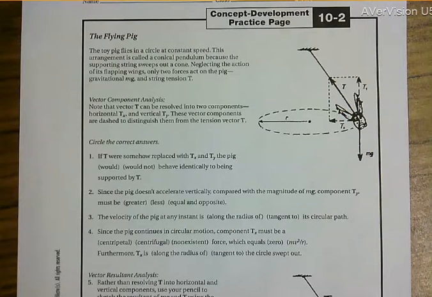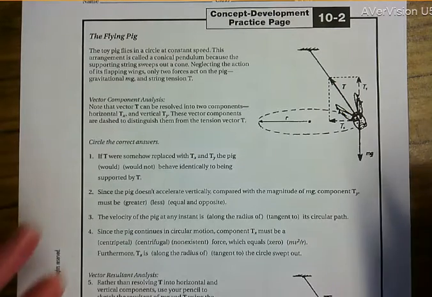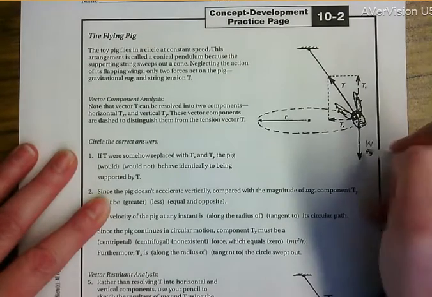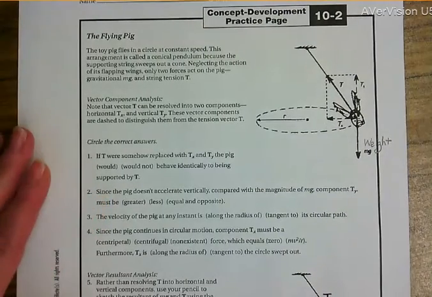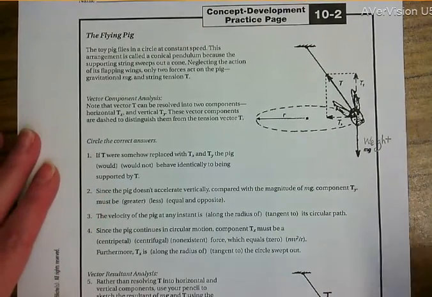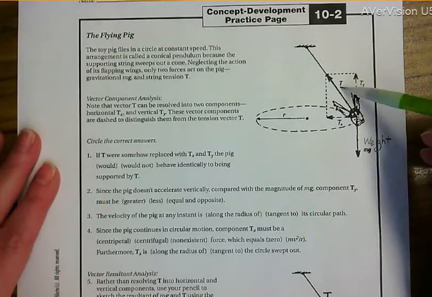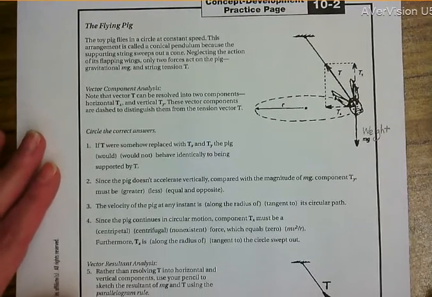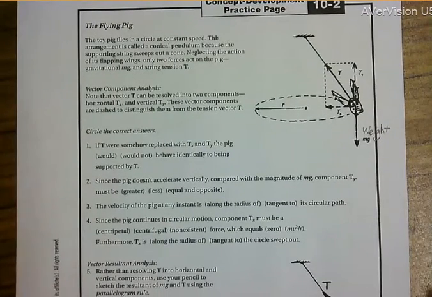Neglecting the action of its flapping wings, only two forces act on the pig: gravitational mg, which we've previously just called the weight, and the string tension T. Vector component analysis.